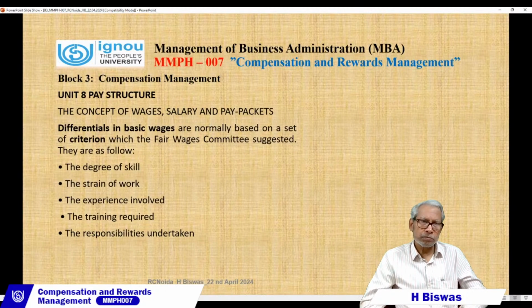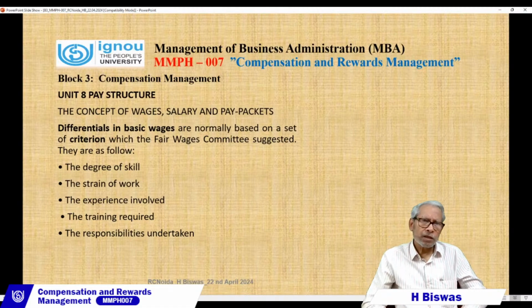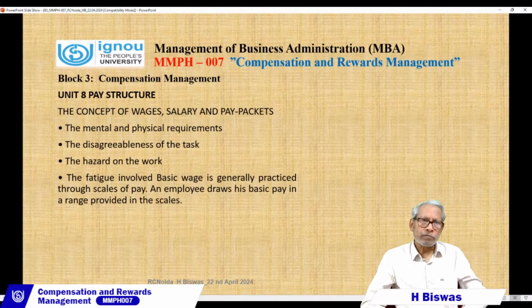Now the differentials in basic wages. Normally they are based on a set of criteria that the Fair Wages Committee suggested: the degree of skill, the strain of work, experience involved, training required, and the responsibilities undertaken. All these things are part of differentials in the basic wages.